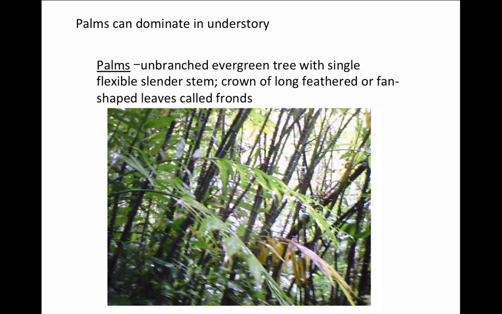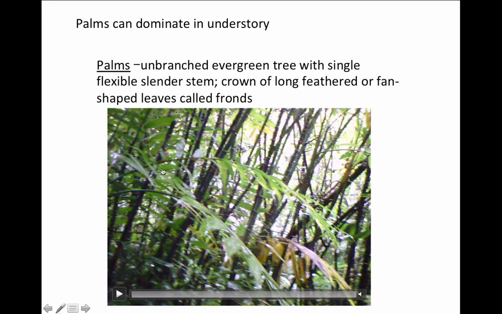In the understory, you find a lot of palms. They tend to dominate. That's where they excel. And palms, what's a palm? I'm sure you would know it when you see it, but a palm is an unbranched evergreen tree with a single flexible, slender stem. And so they are narrow.